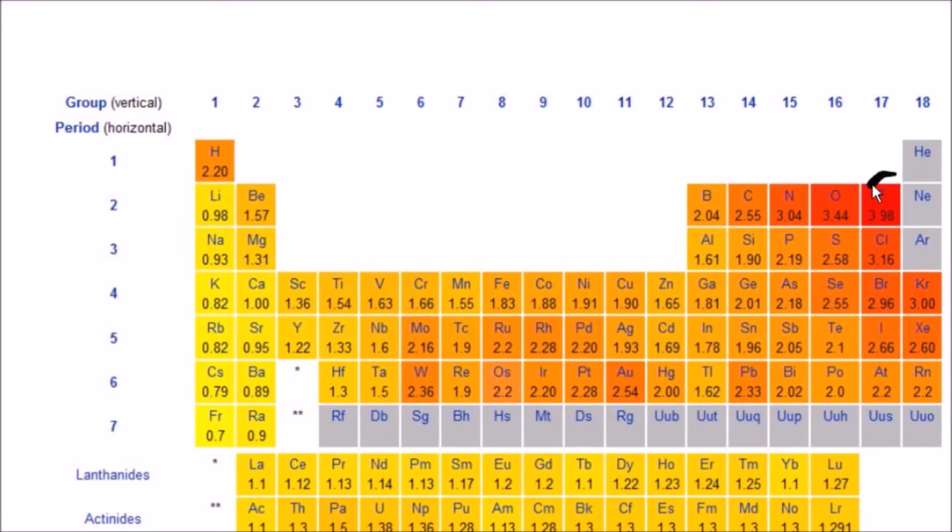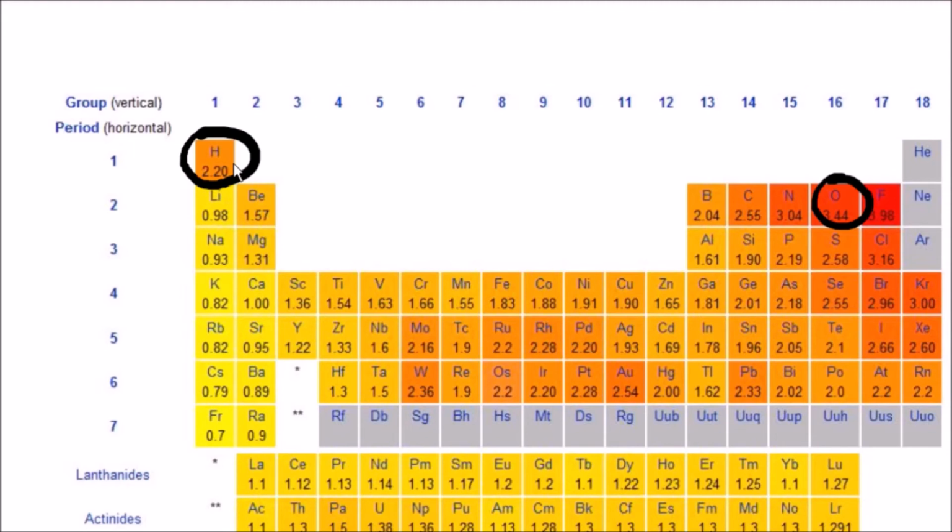And remember how I said fluorine has a very, very high electronegativity value, right? It has a value of almost 4. So that's really, really high. And you'll notice that nothing else has that value, and that's why this block is colored really red. Okay, so over here we see that oxygen has an electronegativity value of 3.44. Hydrogen has an electronegativity value of 2.20.